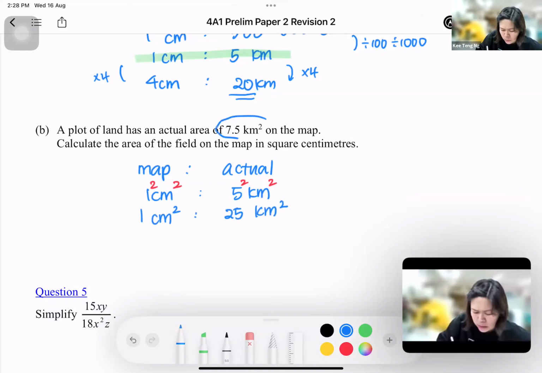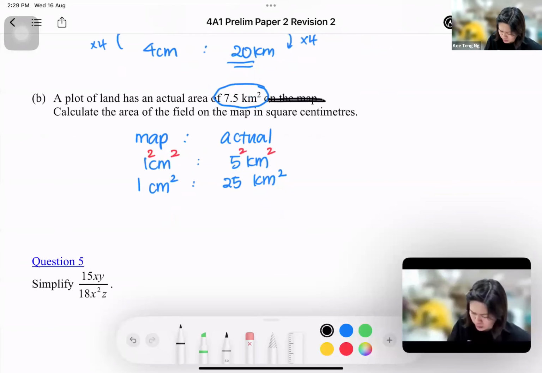Now they give me 7.5 kilometer squared. This one wrong. The question doesn't say on the map, it has an actual area of 7.5 kilometer squared. So we put the 7.5 kilometer squared at the actual.